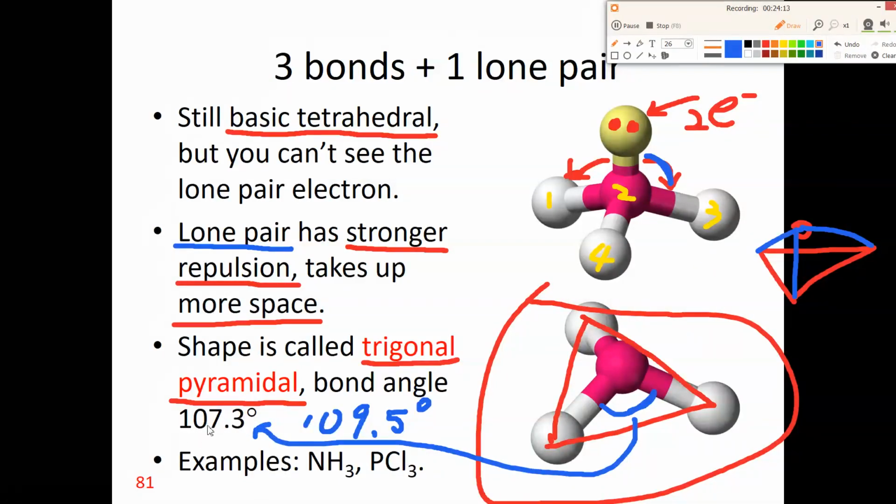You don't need to memorize this bond angle. You just need to know that because a lone pair takes more space, this bond angle is smaller than a perfect tetrahedral, which is 109.5 degrees. Examples like ammonia, phosphorus trichloride, all those have a trigonal pyramidal structure.